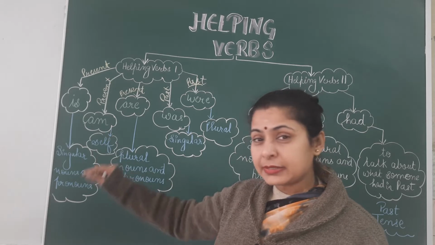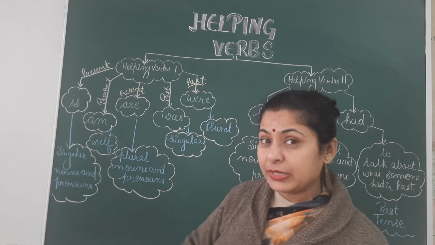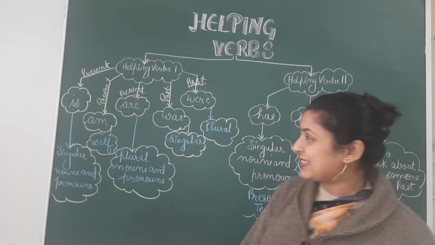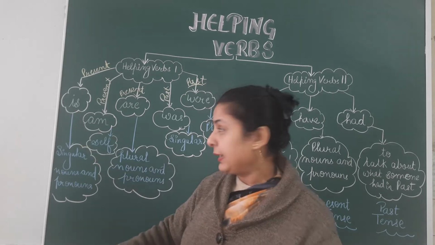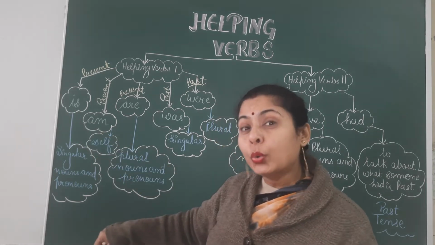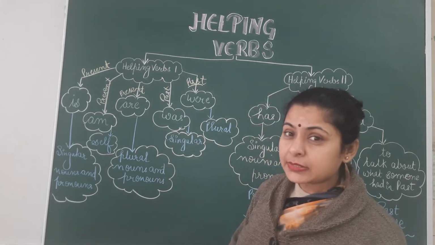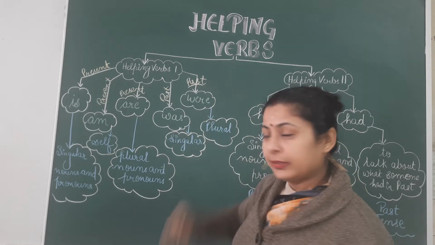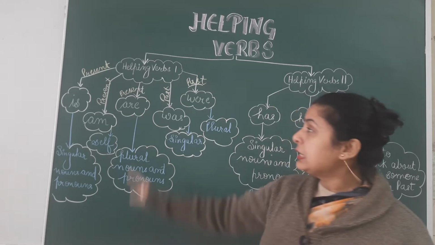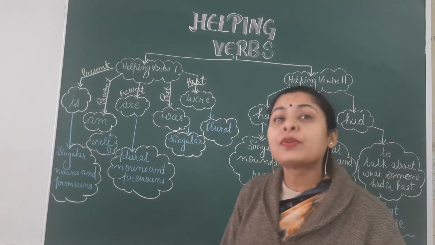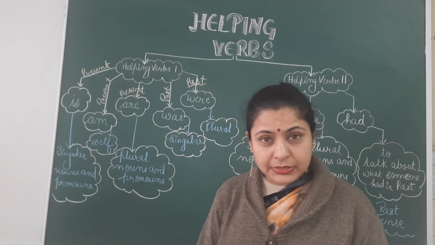Now let us understand the Hindi meaning of these words which nobody tells. Is, hai, am, हूँ, are, हैं, was, था, were, थे. So these all are the forms of be, right?